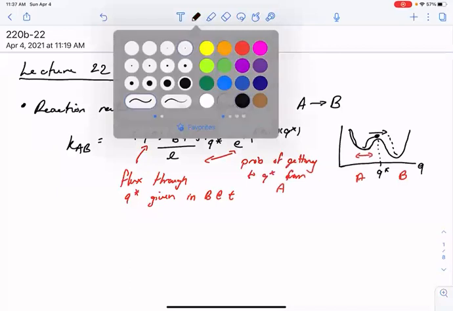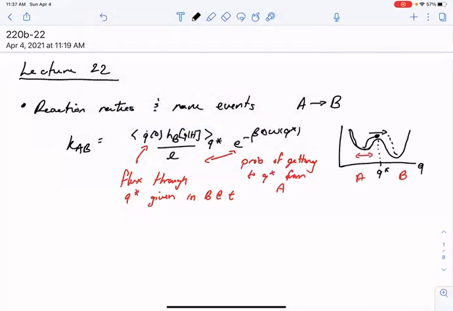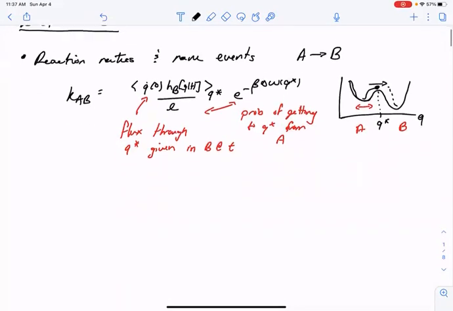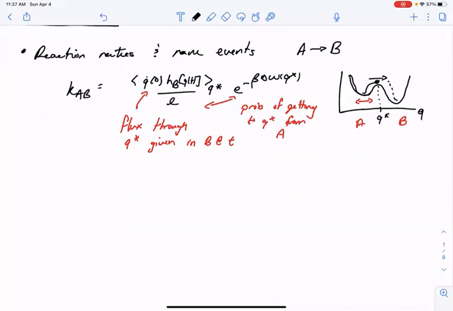So to the extent that the rate is a rare event, that there's a separation of timescales between a local equilibration within one of the basins and the reactive event, this expression then is exact. So essentially, as long as that rate exists, this is an exact way to compute it.